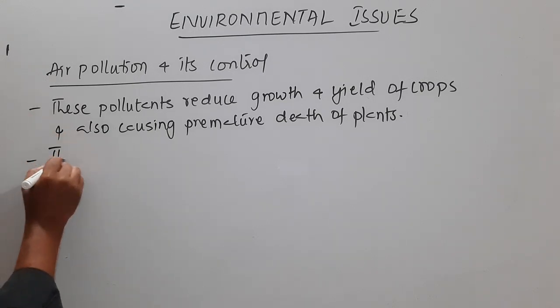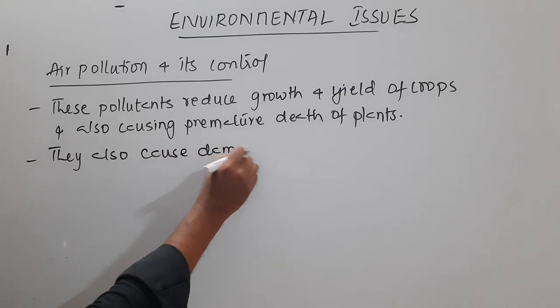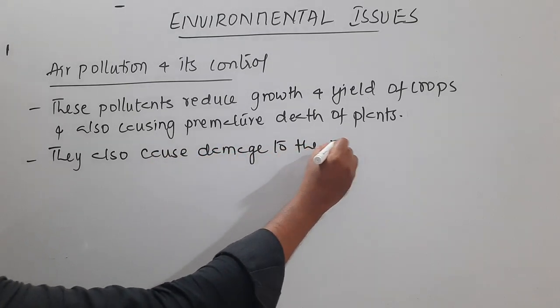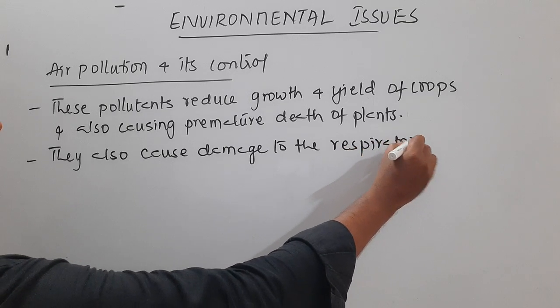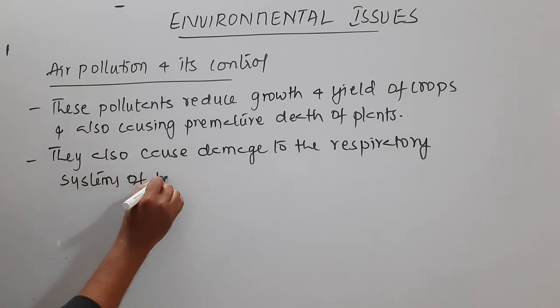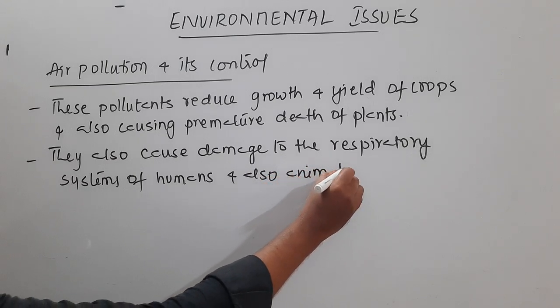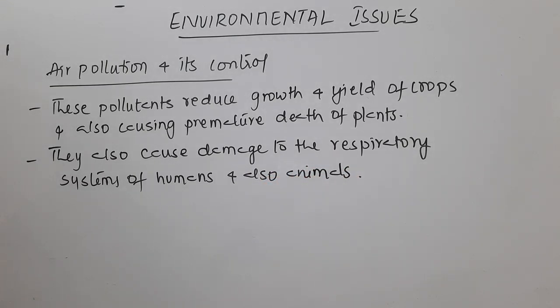They also cause damage to the respiratory systems of humans and also animals. So we see that the problem with these air pollutants is that they reduce the growth and yield of crops, and they can also cause the premature death of plants.